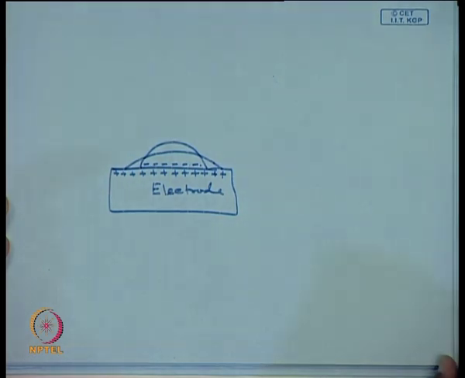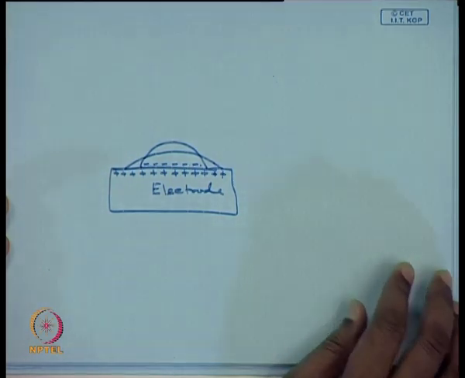This would be associated with a reduction in the Gibbs free energy of the system, and from that equation two well known relations, Laplace equation and Young's equation, can be obtained.